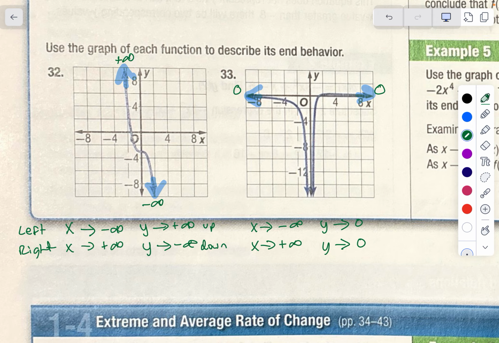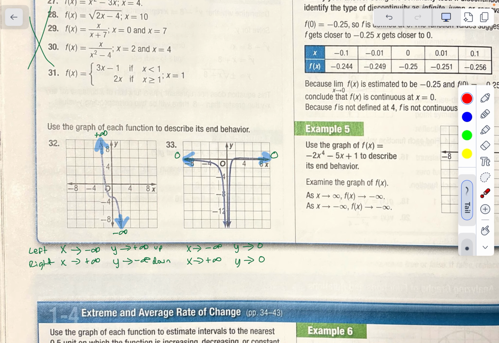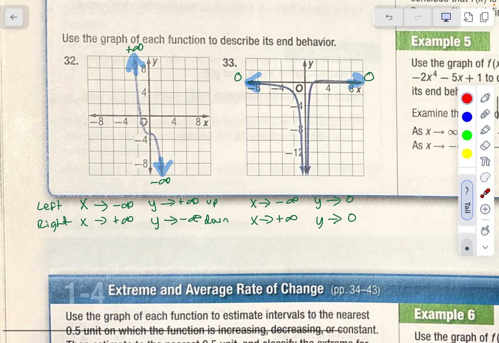So sometimes your ends are heading to a height, and if they are, they'll look like this. And sometimes they're heading to infinity, and if so, they'll look like that. That's the only thing you need to know about end behavior for the test. Okay, so that is 1.3. Does that make sense?